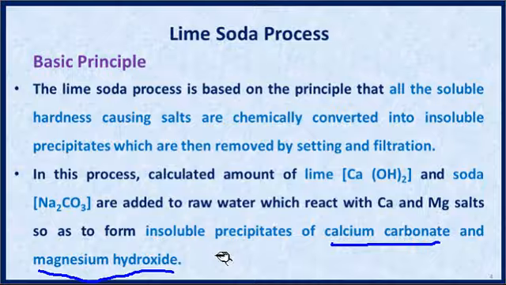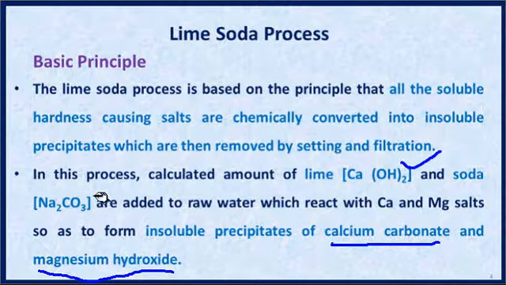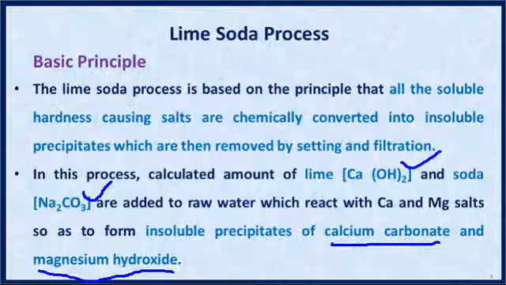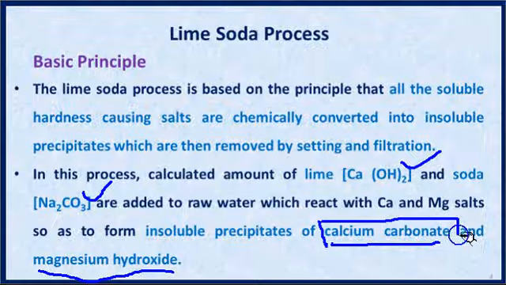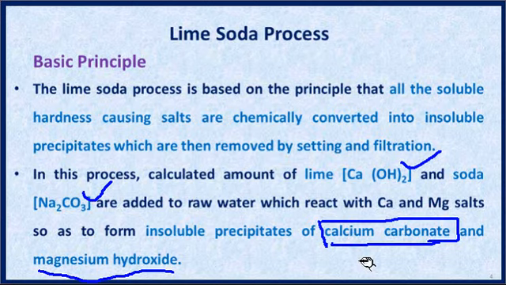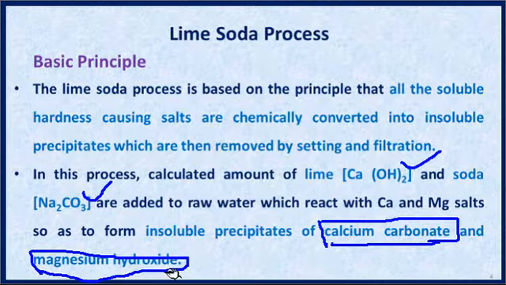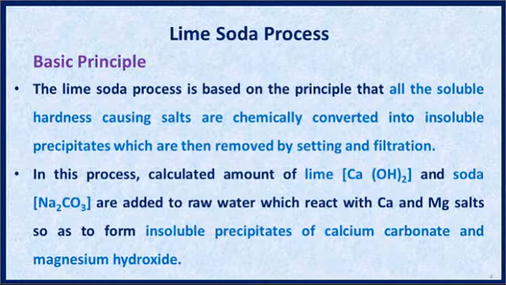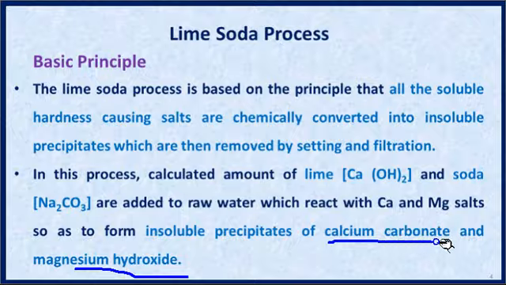So basically, in the lime soda process, we are adding lime and soda to the hard water sample. By the reaction of lime and soda with the various types of hardness causing calcium and magnesium salts, all the calcium salts are converted into calcium carbonate, which is the most insoluble form of the calcium salt, and all the magnesium salts are converted ultimately into magnesium hydroxide, which is the most insoluble form of the magnesium salts.